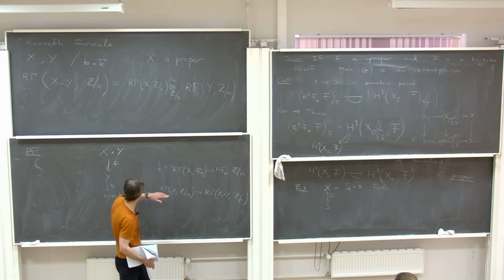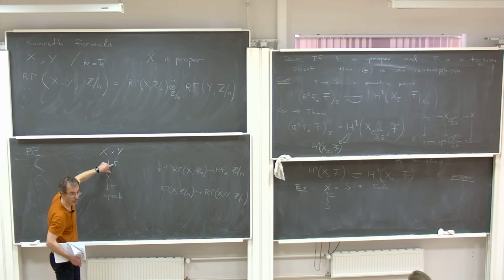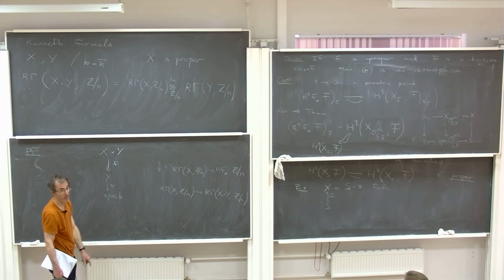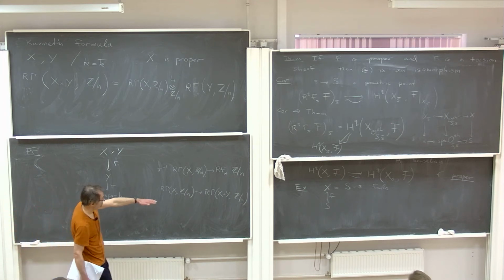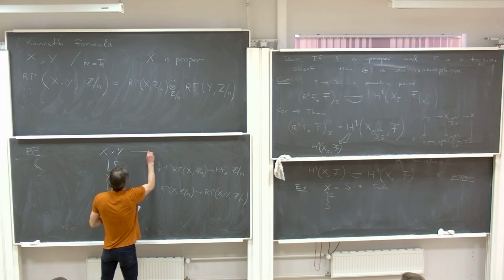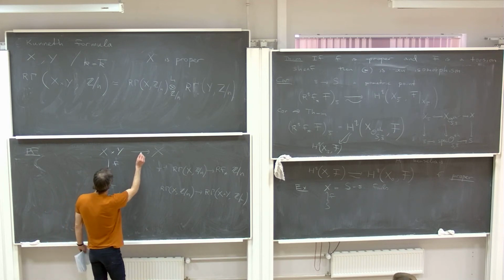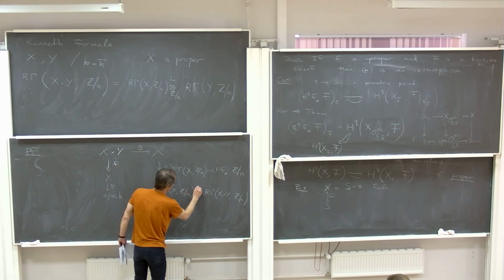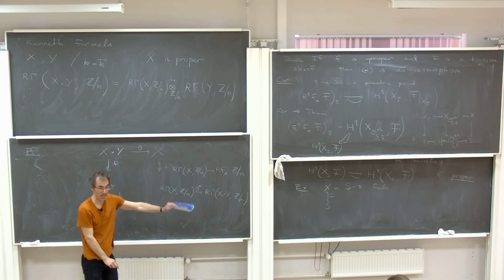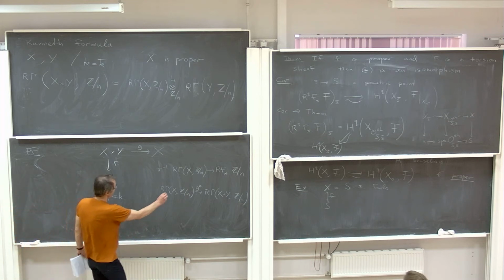Yes? Because the global sections are the composition of these two direct images. Again, this is a formality. So okay, I do have such a map, which is given by this projection. Let's call it g, and then g inverse, the pullback, gives me this map. And by adjunction, it gives me this map.